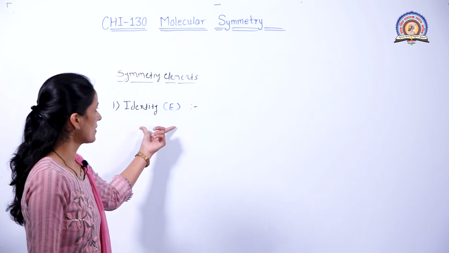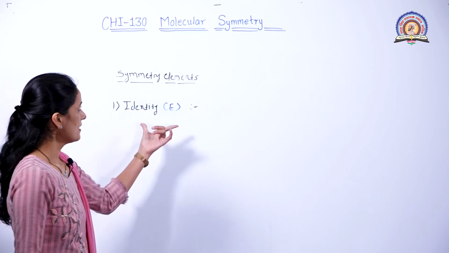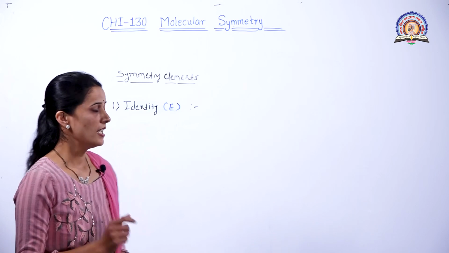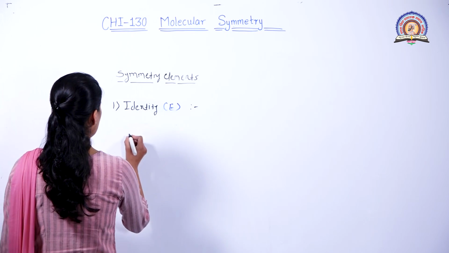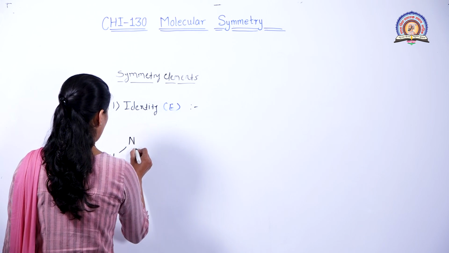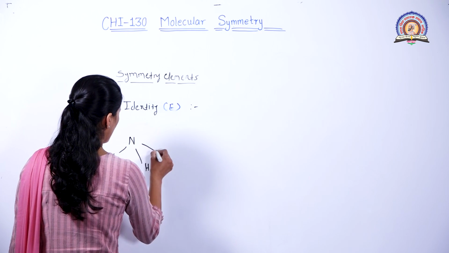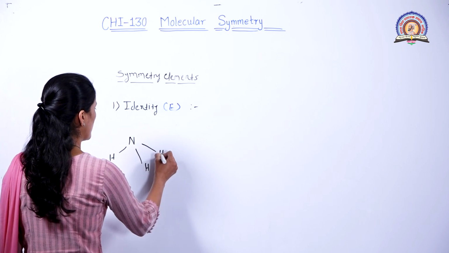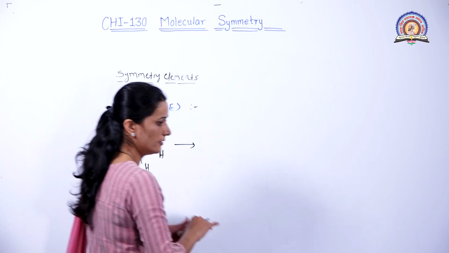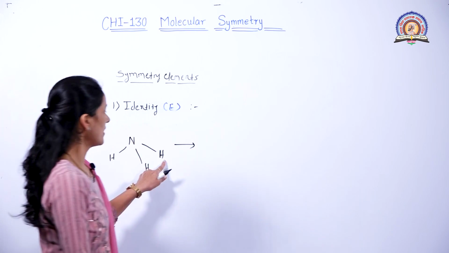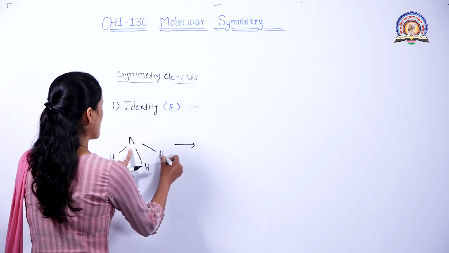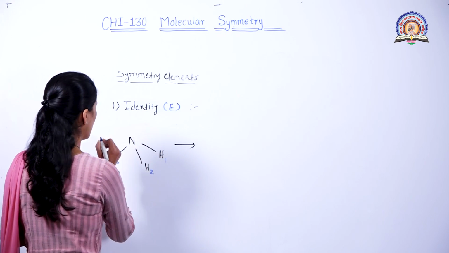So let's see the first one, that is identity. Identity is the symmetry element and its operation is a 360-degree rotation. Let's see the first example, that is NH3. We know the geometry of NH3. See, this is NH3 and these are the 3 hydrogens which are attached to this nitrogen: H1, H2 and H3.